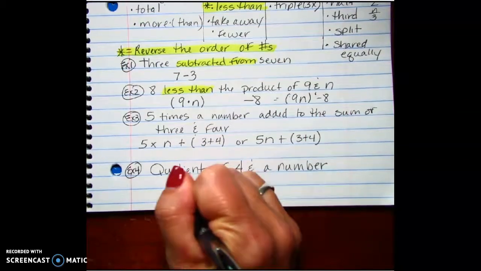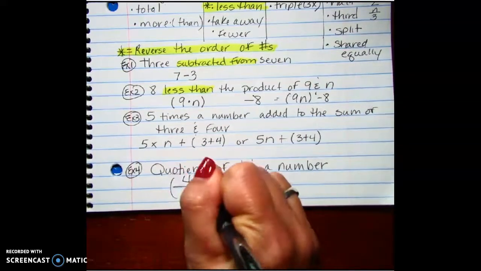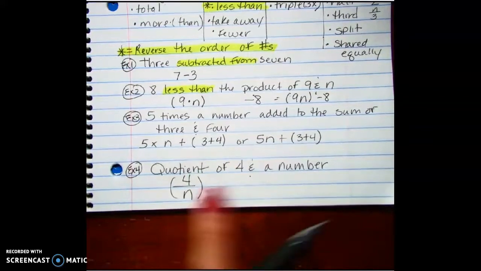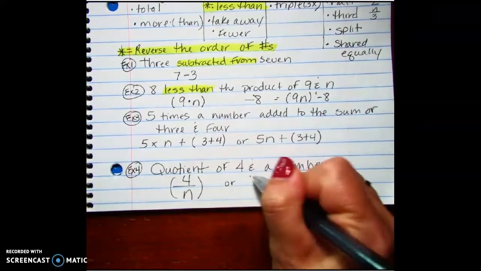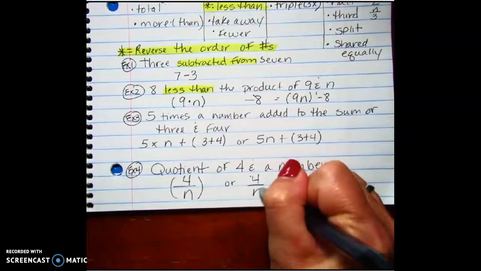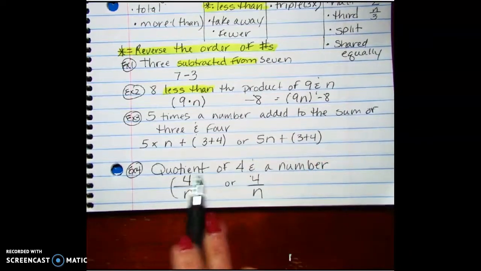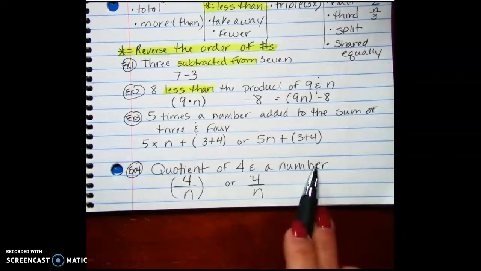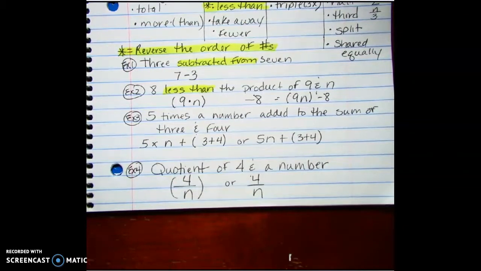So 4 and a number, the quotient. Now, I could keep it like this, or I could leave it like this. And the reason being is there's no other operation within this expression. And that is translating phrases into math problems that are algebraic expressions.